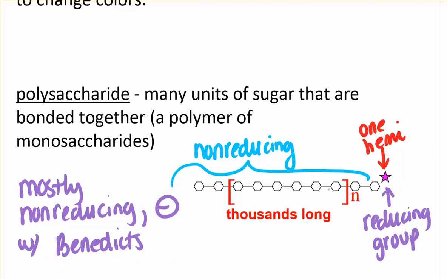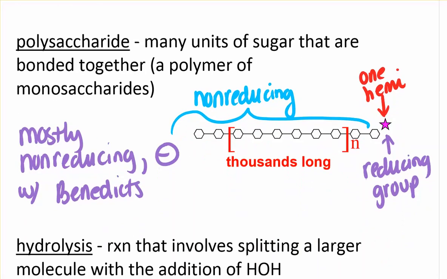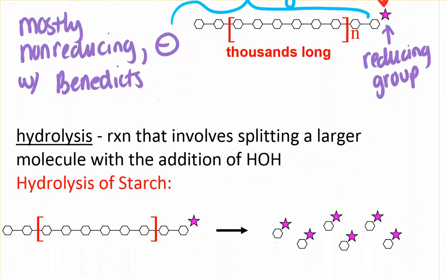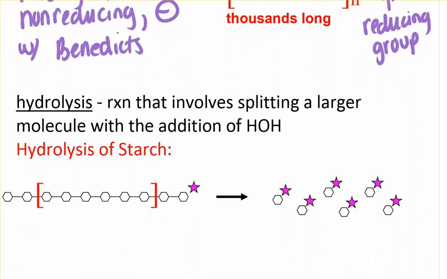So you'll test starch. If starch is broken up, if it's been chopped up in some way, then you may get a positive test. Our starch should be pretty fresh, and it should not test positive unless you do something to break it up. So, we will do some hydrolysis. Hydrolysis is the reaction where you break up the starch.